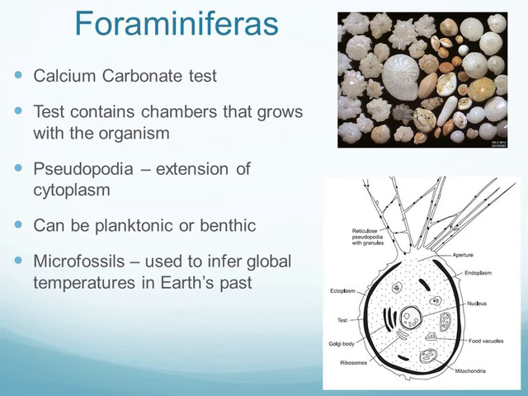So when you find a lot of oxygen 18, you can tell that the temperature on Earth at that time was colder, because oxygen 18 tends to like colder temperatures. And when you find a lot of oxygen 16, that's when you have warmer temperatures.